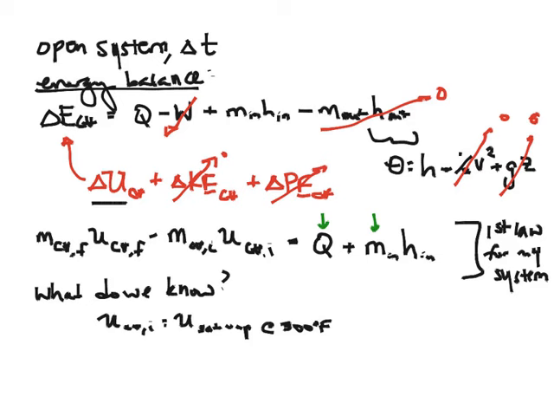Okay, so I'm going to go to table A4E, since this is in English units, and I find that that is 1099.8 BTUs per pound mass. And again, I got that from A4E, and that is a saturated table.